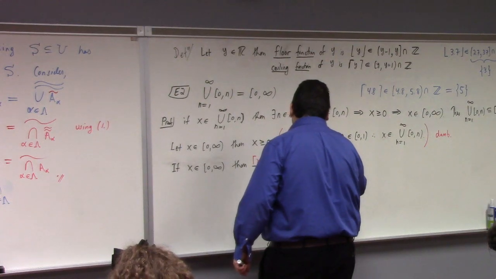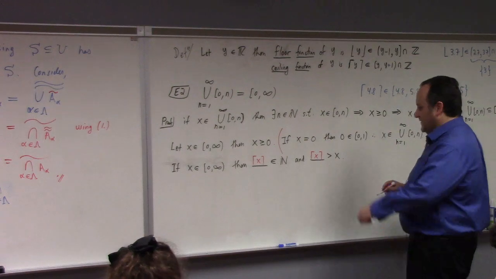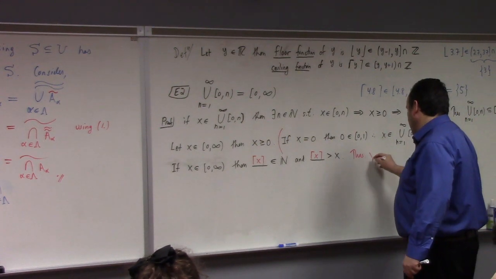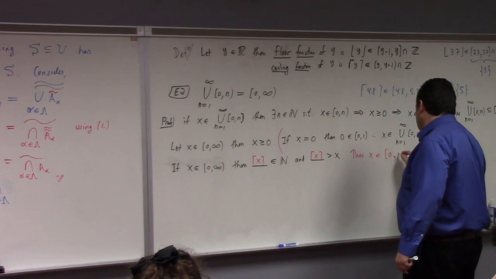And the ceiling of x is greater than x. Thus, x is an element of [0, ceiling of x], right?